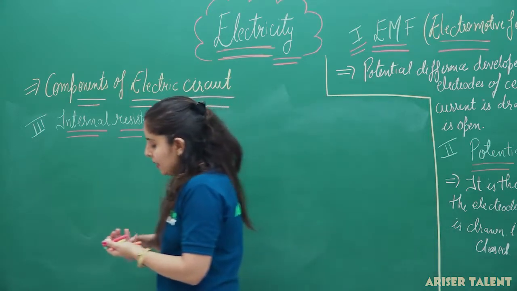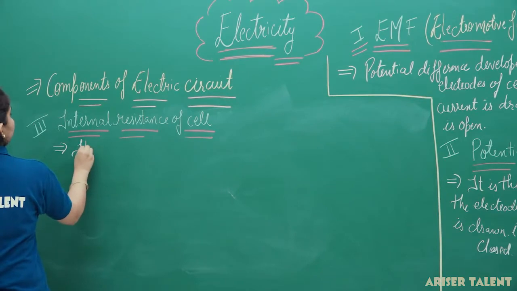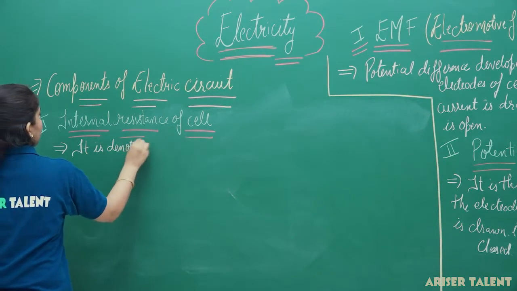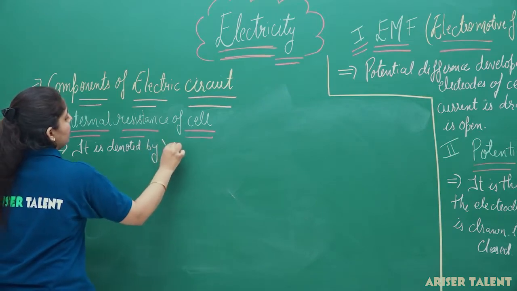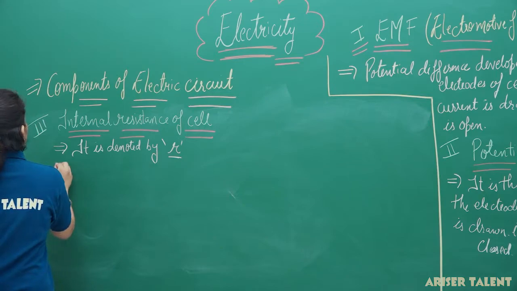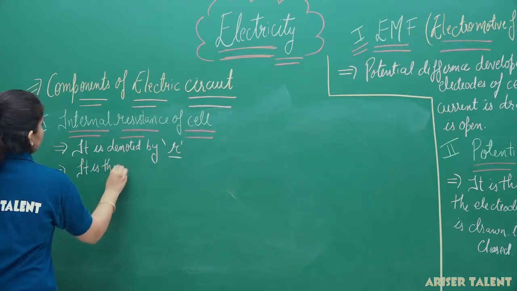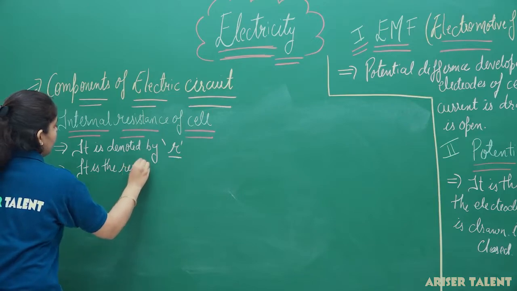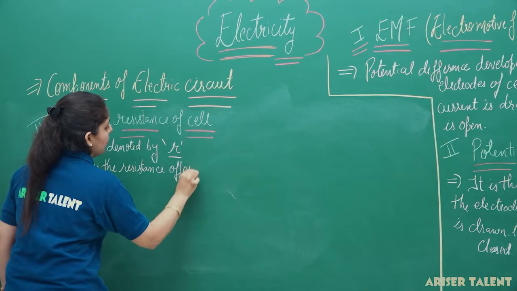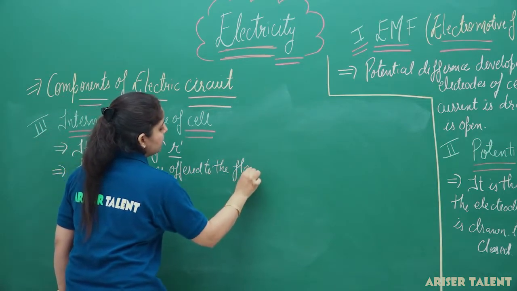So, firstly, it is denoted by small r, and it is basically resistance offered to the flow of current.